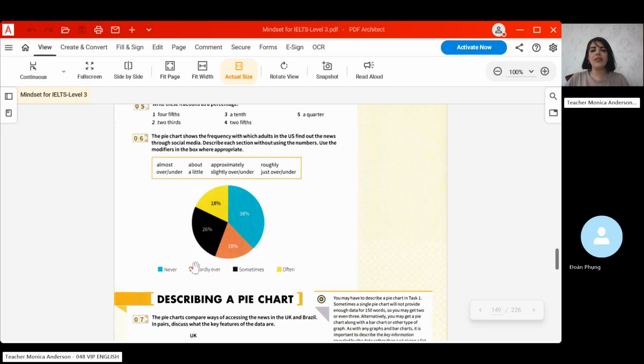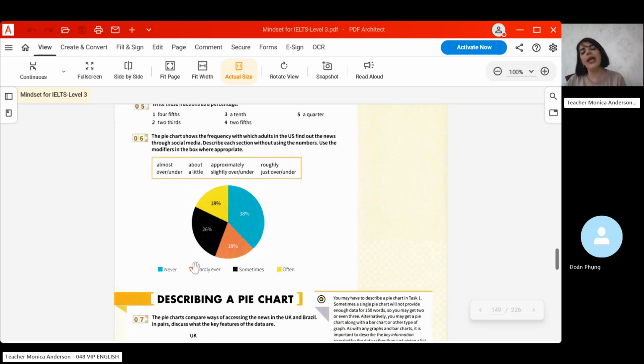But here also you can use approximately. But you tell me why, teacher. Just over, just under, they are used when the figure is about one, maybe less than one or two. Sometimes you can say approximately instead of just over, but when I have this alternative, it's better to use it.